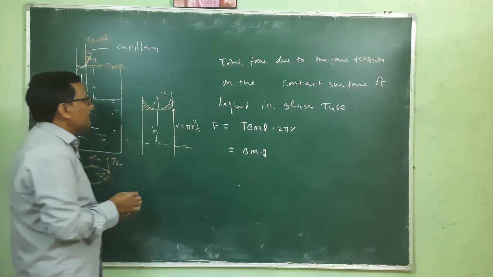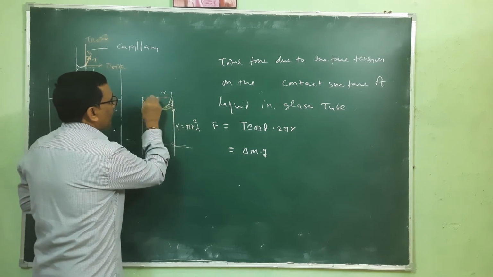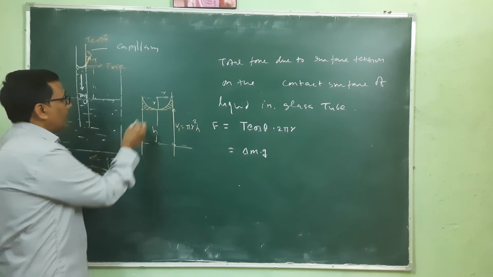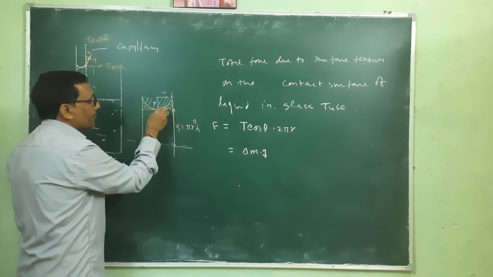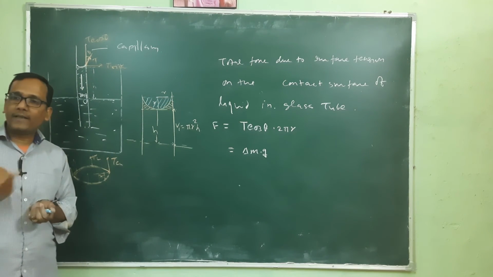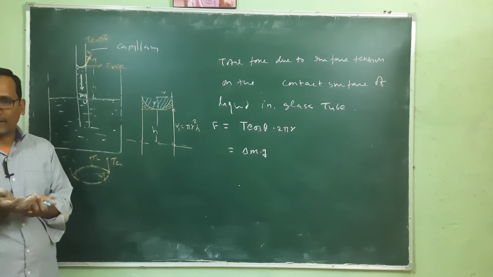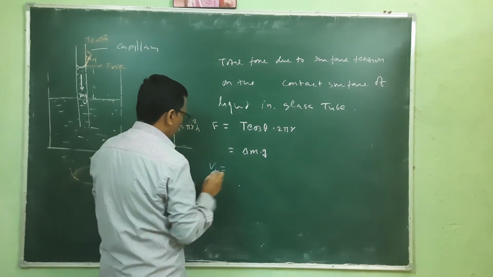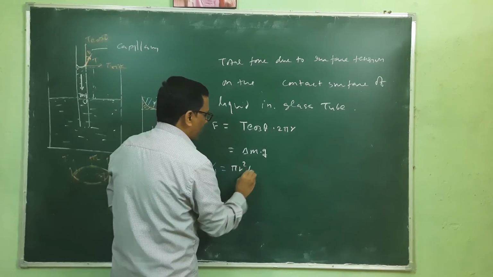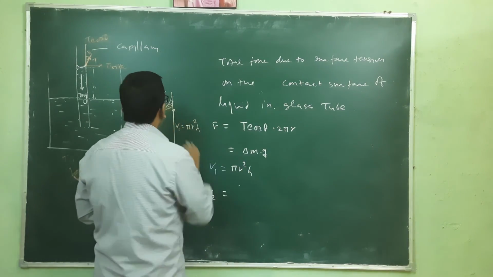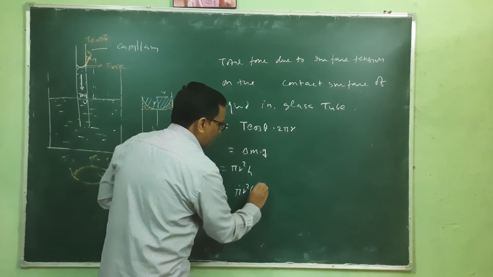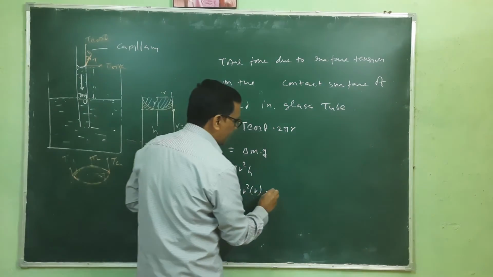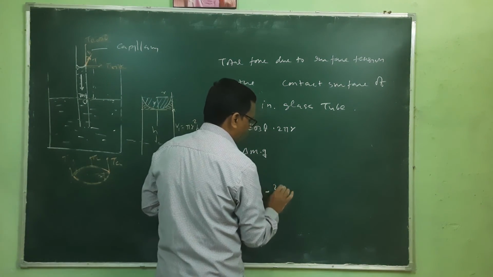This is equal to the volume of this small cylinder, where the height is r and radius is r, minus the volume of this hollow half sphere. So V1 is equal to pi r square h, and V2 is equal to pi r square multiplied by r, minus the volume of this hollow part, that is 2 pi by 3.